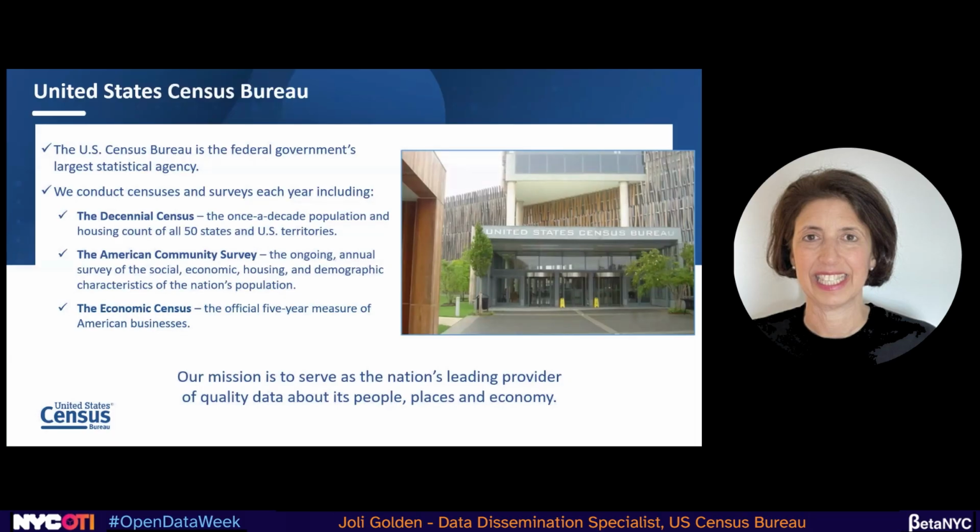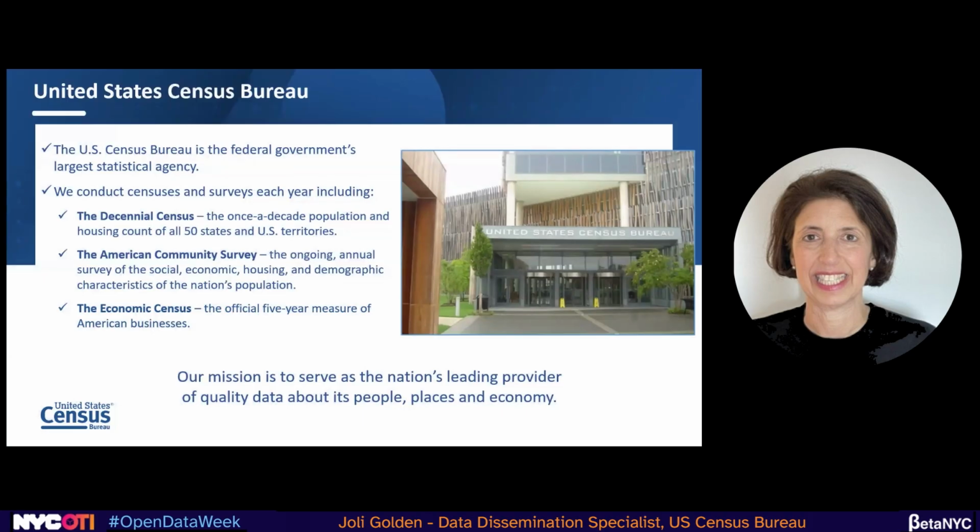The American Community Survey, the ongoing annual survey, a snapshot of the American public, more on that a little later, and the economic census, which is the official 5-year measure of American businesses. We conduct that every 5 years, ending in 2 and 7. So the next one's coming up in 2027.